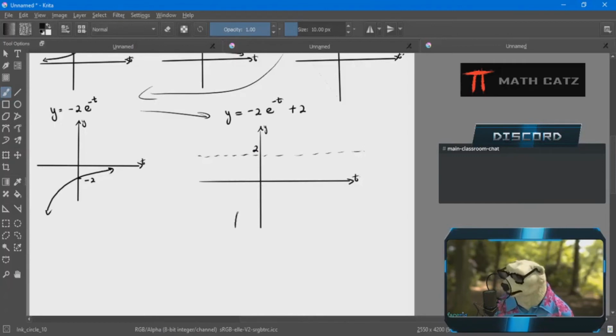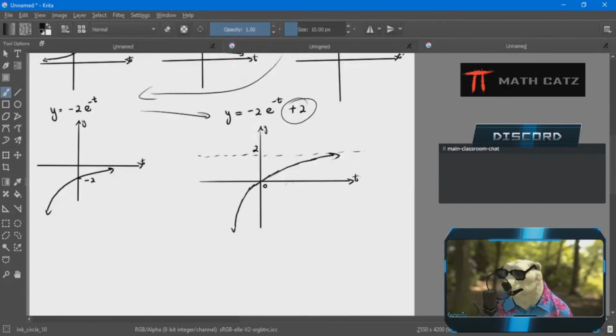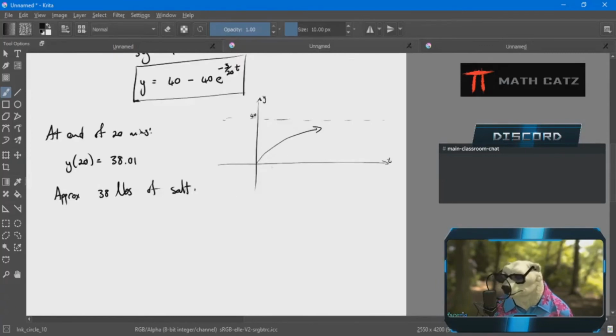The y-intercept is now going to sit at 0. And there we see how it's approaching the added number, which in our example is 40, and it starts at 0. Of course, the left side doesn't matter because time is positive, and we get this graph shape.